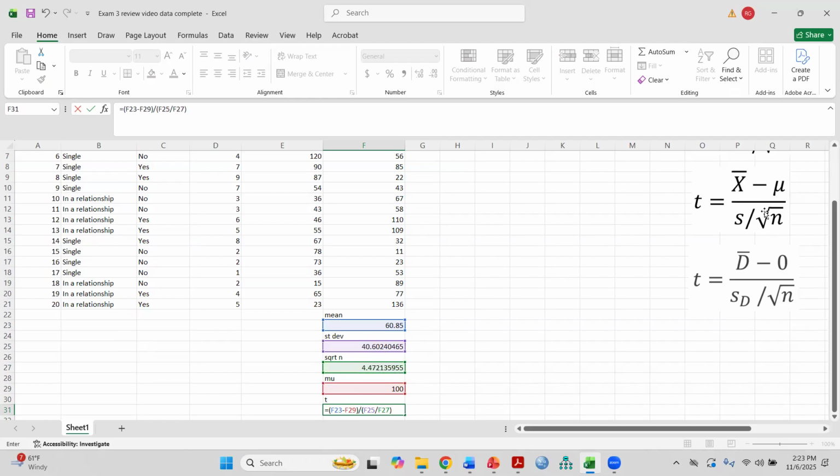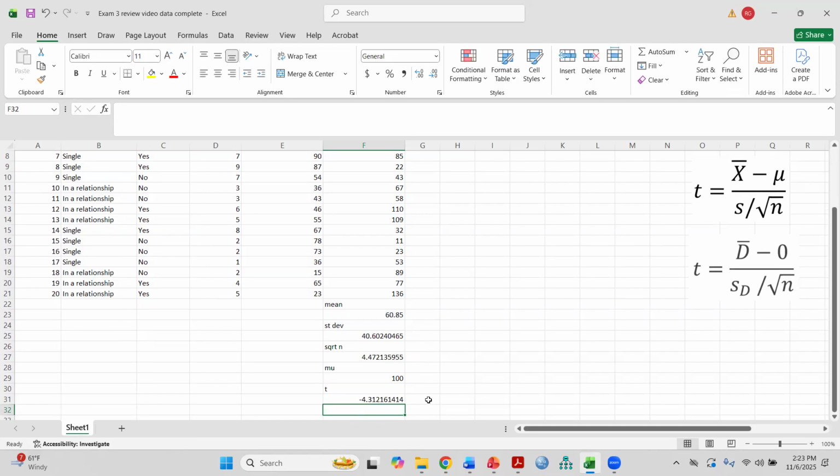So that's what this is saying. The sample mean minus the population mean divided by standard deviation over the square root of n. Let's see what we end up with. Negative 4.31.